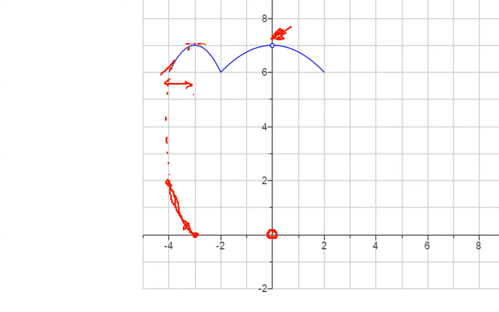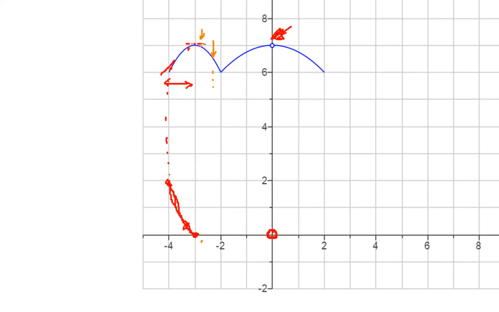Now, on this side, at this point it's flatter, and at this point it's steeper. So at this point, it should be closer to the x-axis because it's flatter.